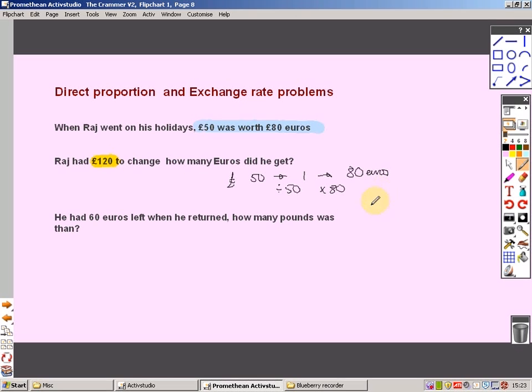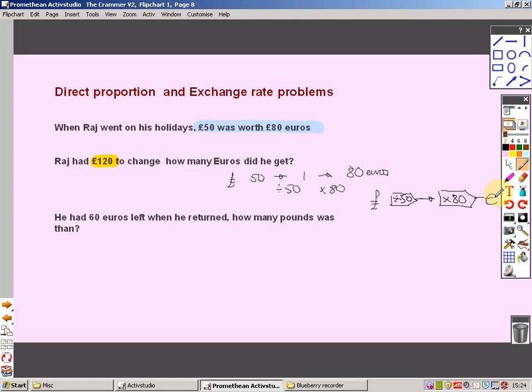So my flow diagram is going to be pounds, divide by 50, times by 80 will give me my euros.